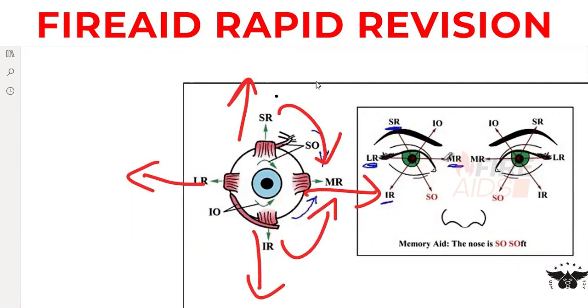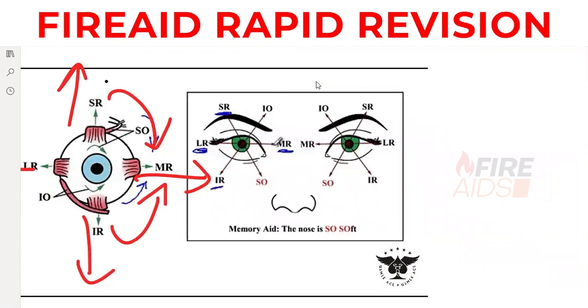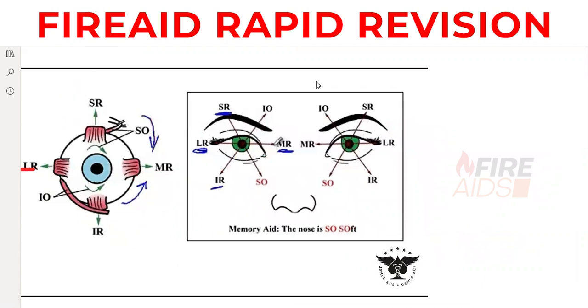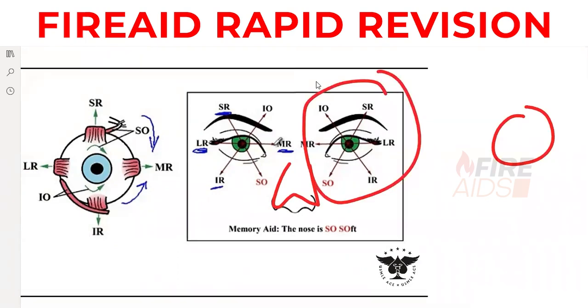Okay, now this is a picture where you see two eyes together. So this is the nose of a person, and the person has to look at an object over here. So what will happen in this eye? This eye has to see here, so the lateral rectus is going to work for this eye.